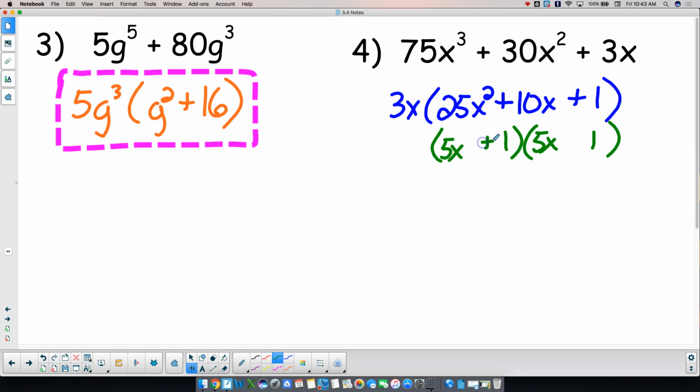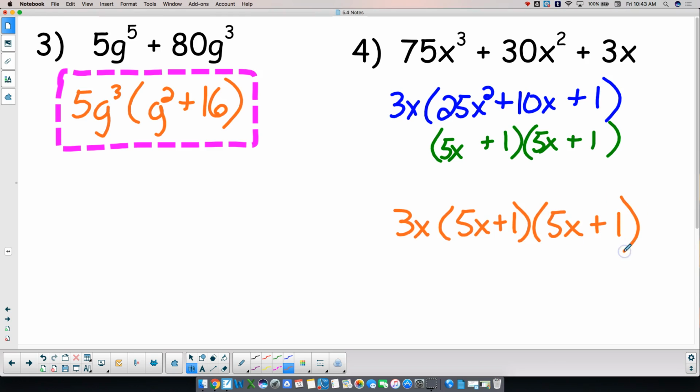If I add both, that gets me 10x, so that's good. So this one is 3x times 5x plus 1 times 5x plus 1. That's acceptable. This is also acceptable.